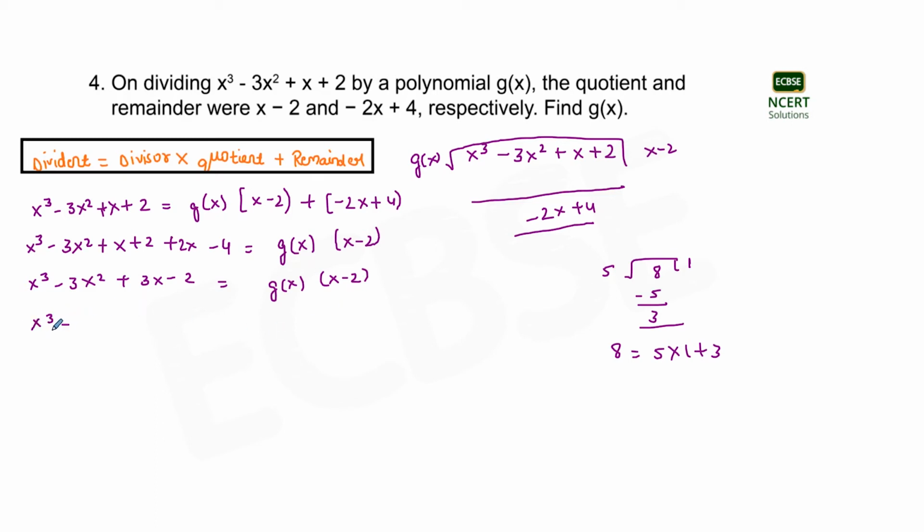So, x^3 - 3x^2 + 3x - 2 divided by x - 2 will be equal to the polynomial g(x). Which means that the polynomial g(x) can be obtained by dividing the polynomial x^3 - 3x^2 + 3x - 2 by the polynomial x - 2. The division can be obtained by using the long division technique.